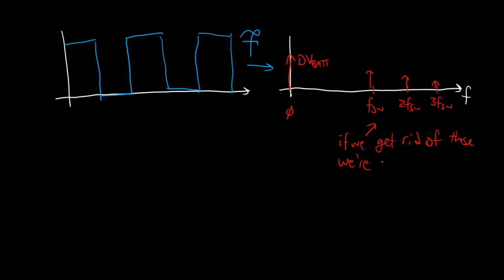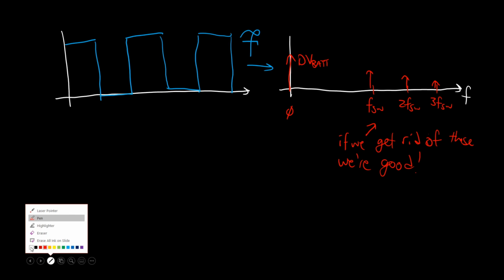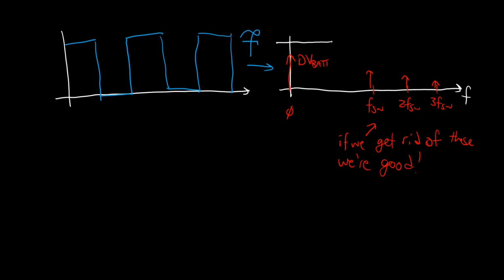If we got rid of these high frequency components, then we would just have what we wanted. So if we get rid of these, we're good. We've done what we wanted to do. We've made a controllable DC voltage without any AC component.